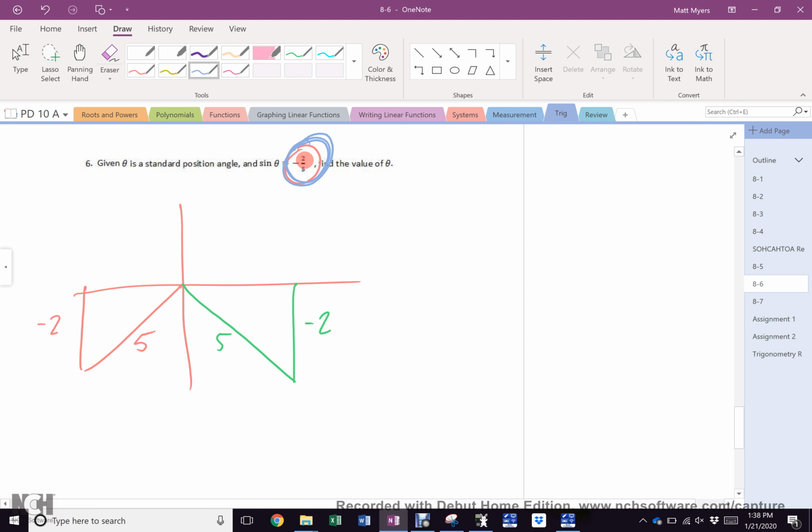How do we find the angle when we have the sine value? Shift or regular? So how am I going to punch that into my calculator?